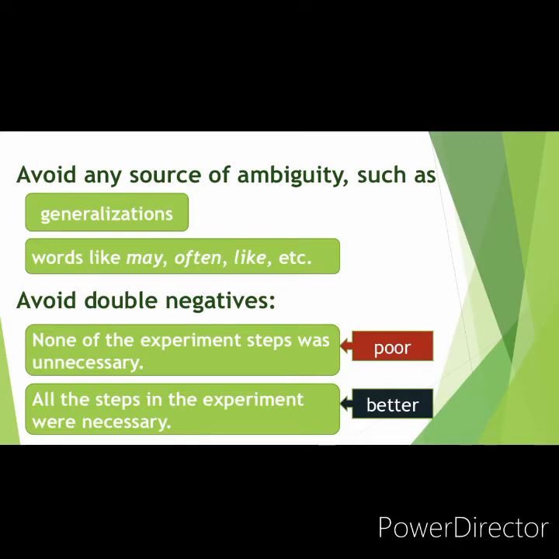An example of double negatives is the sentence, "None of the experiment steps was unnecessary." If you look at the affirmative form, "All the steps in the experiment were necessary," it sounds clearer.